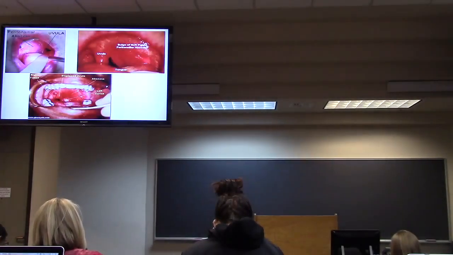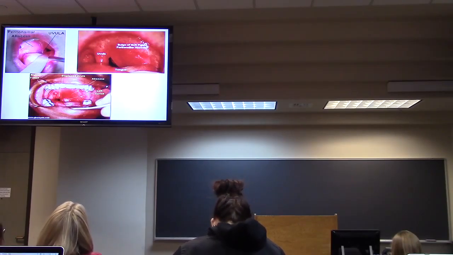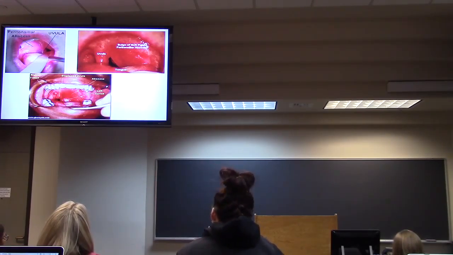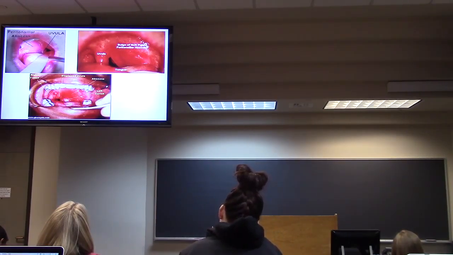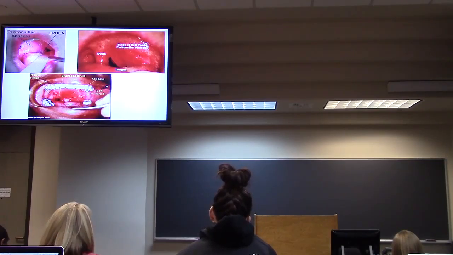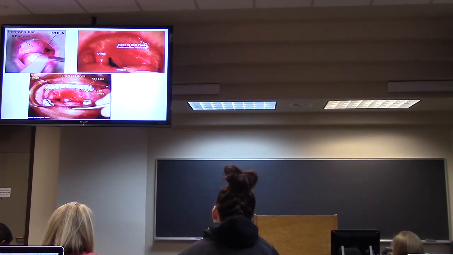So if you saw this, here's what you see here. You can see there's obvious asymmetry there. What we would do, if this patient came into the emergency room, you would obviously have an airway kit ready for intubation in case they need it. We would get a CAT scan on them to make sure, does this look like an abscess?